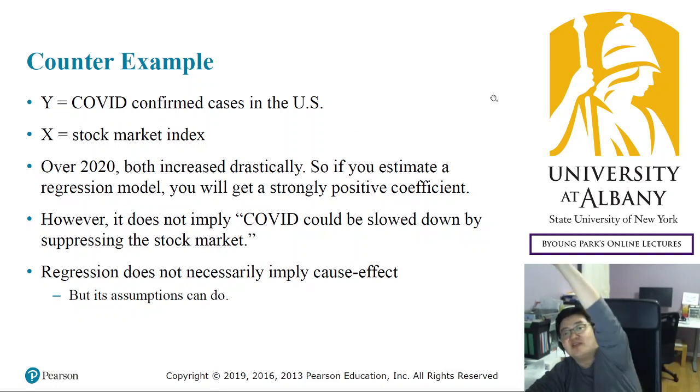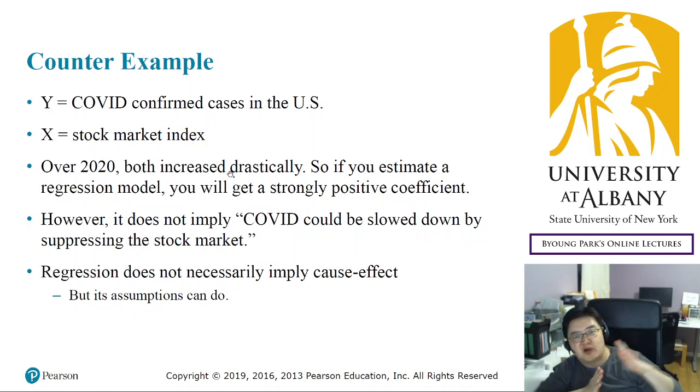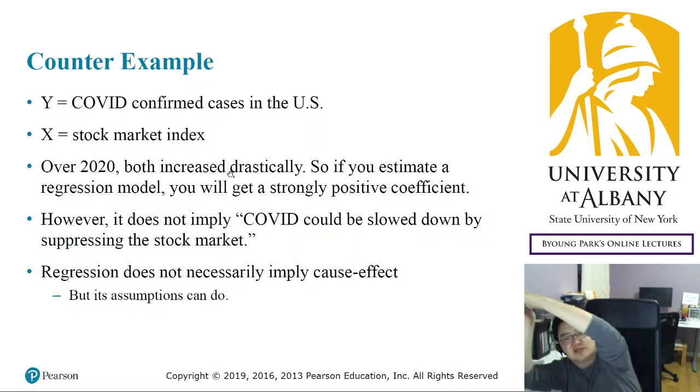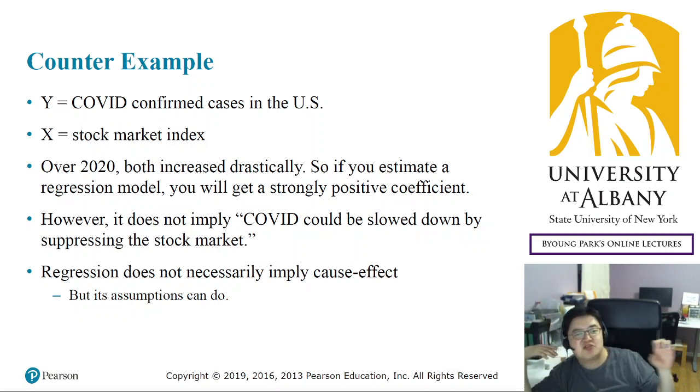So if you draw the graph between X and Y, both will move like this. When you make a scatter plot, you will see a strong positive relationship between them.